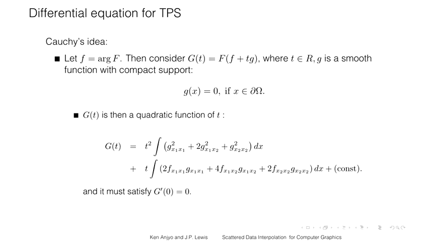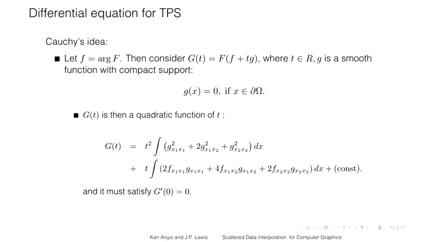Usually we consider Omega to be the whole space R2, but in general we can consider some bounded area in R2. In that case, we add the condition to G that it should vanish around the boundary. The second condition is necessary, but this is a kind of tool for the proof.